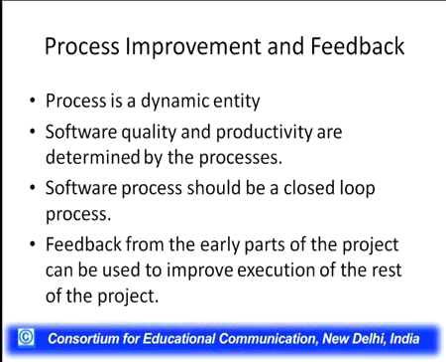So feedback from the early parts of the project can be used to improve the execution of the rest of the project. Basically, feedback should flow from each phase of the project to the next phase and from the next phase to the previous phase. That's why we say that it is a closed loop process.